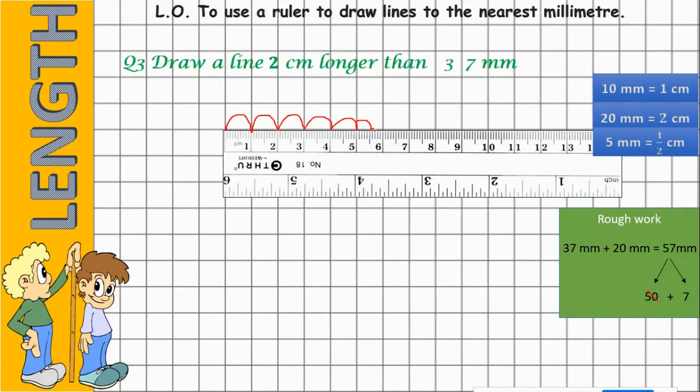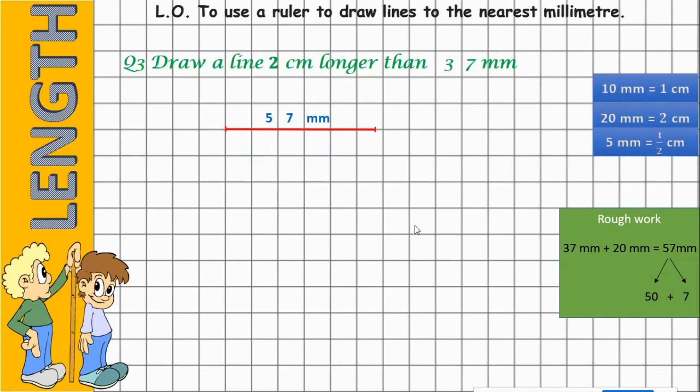All right. So this is the point. Now let's mark the point. Now hold your ruler in place, take your pencil and draw a line. Don't forget to label it. All right.